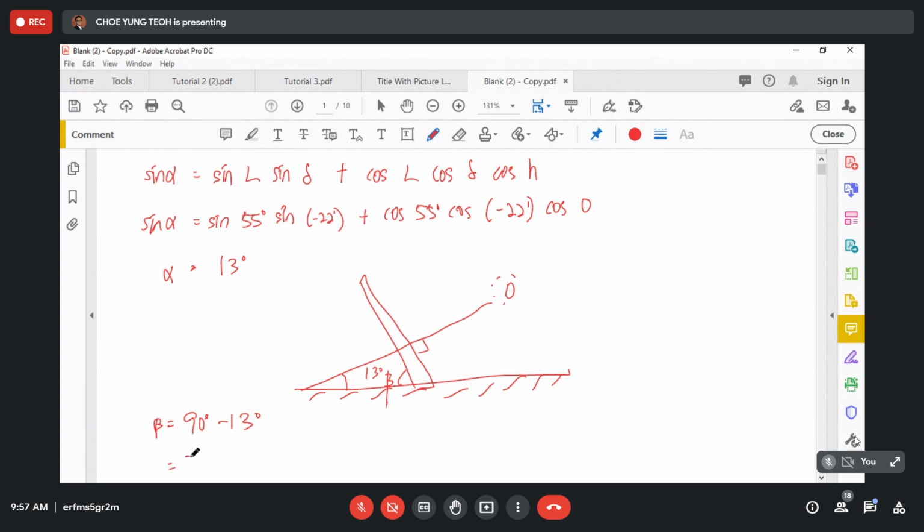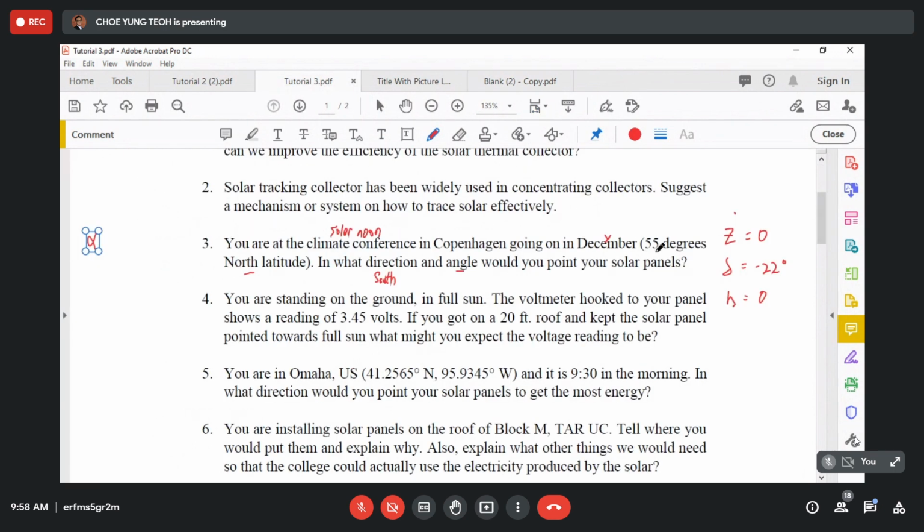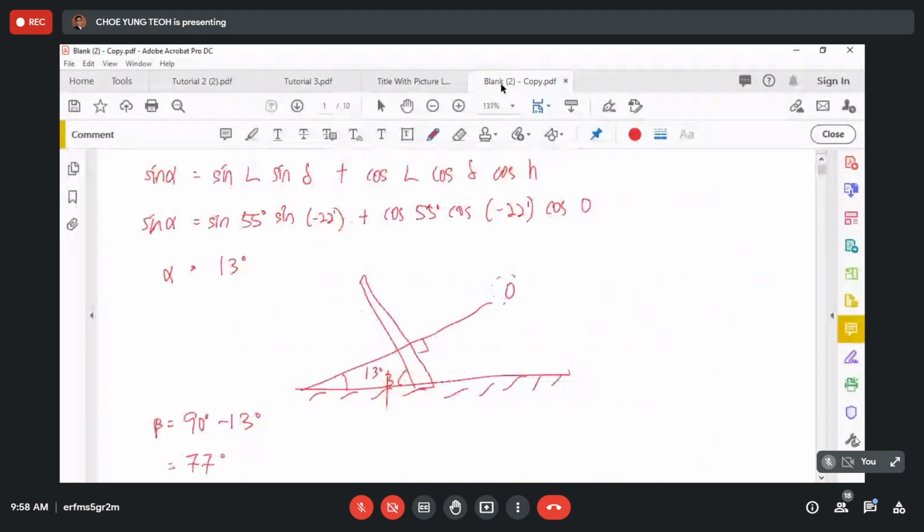So if you are located in Copenhagen in December, your panel must face south with an angle of 77 degrees tilted from the ground. So we have well defined the direction and the angle.